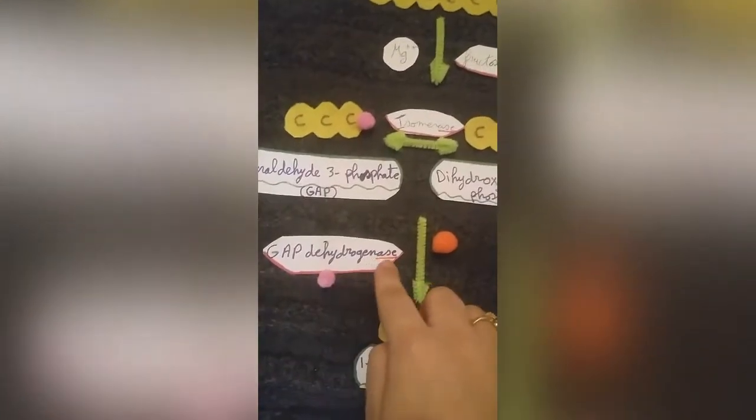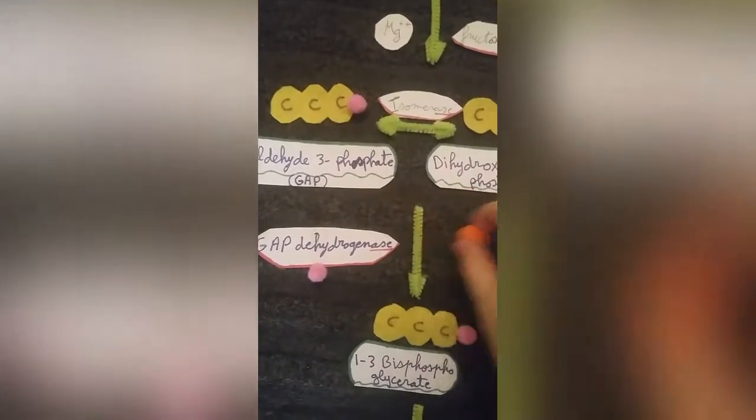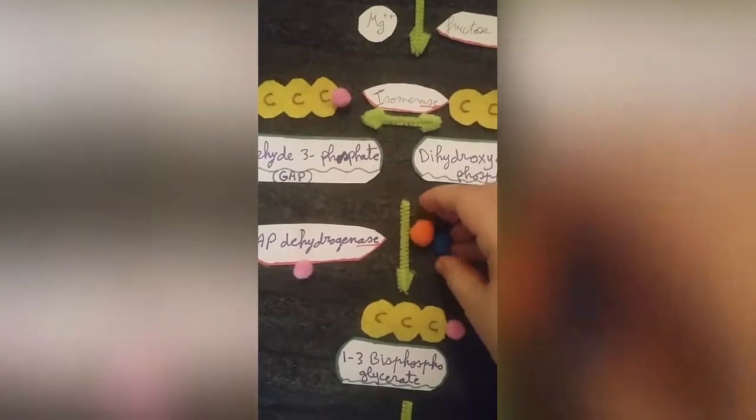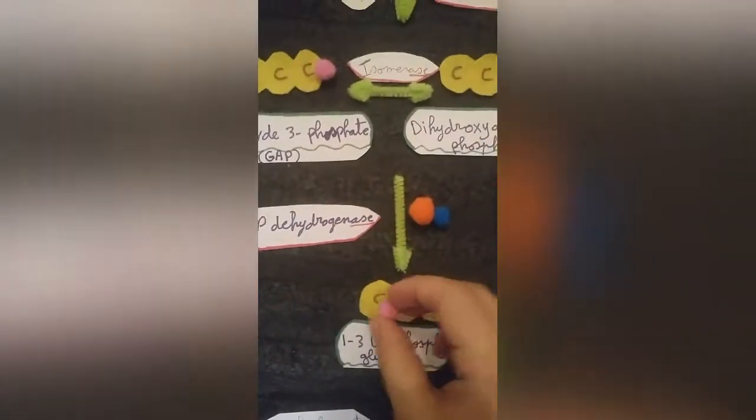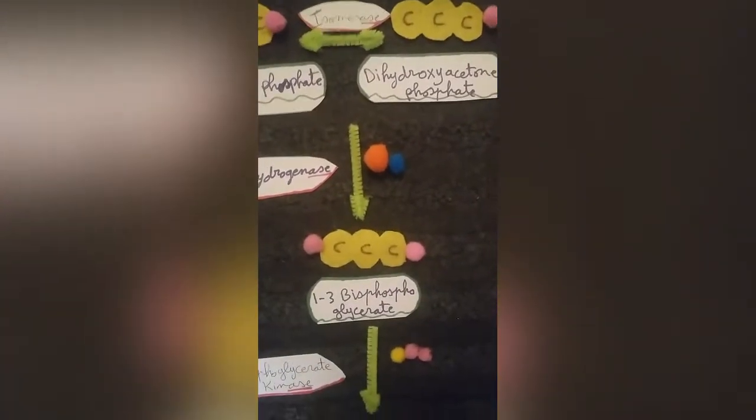We will use this NAD molecule, which will gain a hydrogen through the dehydrogenase and will give this molecule. And here the phosphorus will be added, so we'll obtain 1,3-biphosphoglycerate.